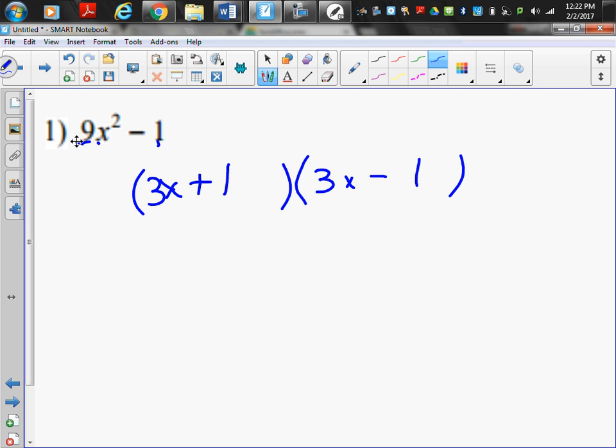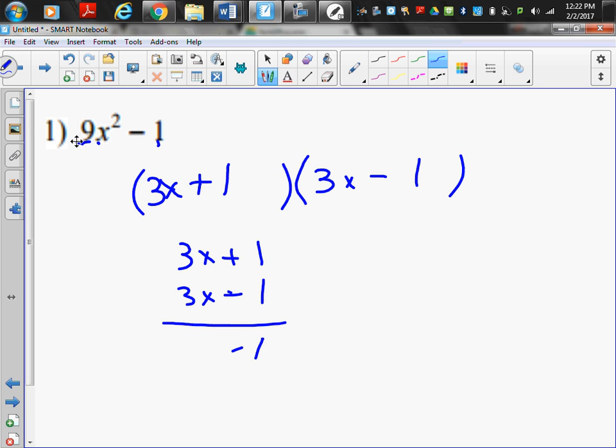Let's multiply. What did we do in our last unit? Multiply. So 3x plus 1, 3x minus 1. 1 times 1 is 1, but it's a negative.